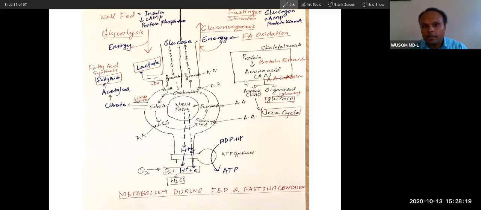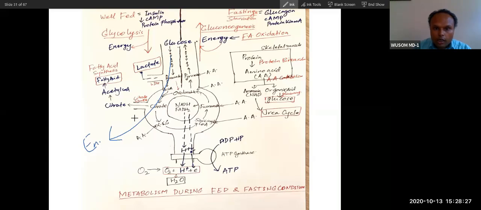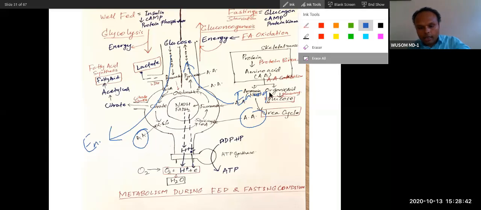During the fed context, the function of the Kreb cycle is glucose oxidation, a downhill reaction. During fasting condition, it is an uphill reaction for synthesis of glucose. And the Kreb cycle is fed during fasting condition by amino acids, as you can see here.